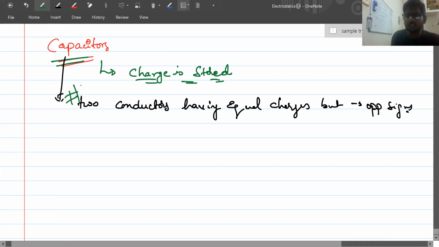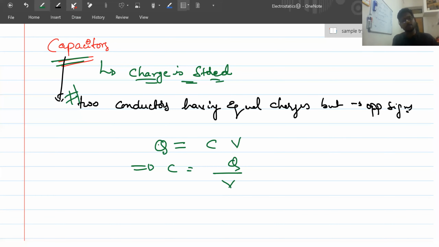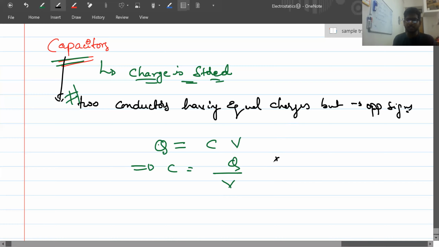But how can the charge be stored? Let us see. The formula of capacitor is Q is equal to CV, or capacitance is equal to Q by V. By seeing this formula, one mistake we generally make is, if the charge stored Q is increased, we might think that capacitance will increase, or if potential is decreased, that capacitance is increased.